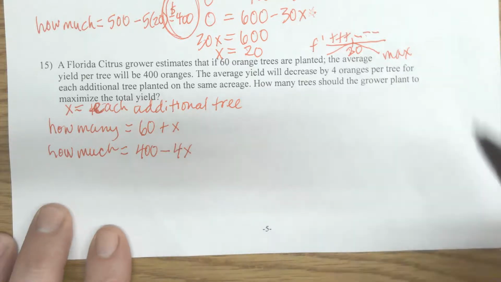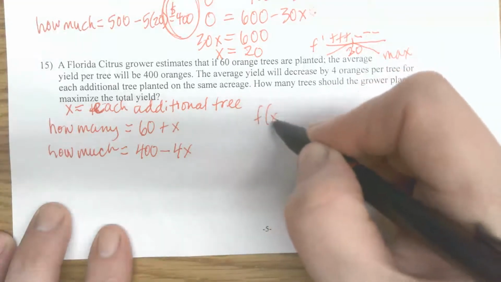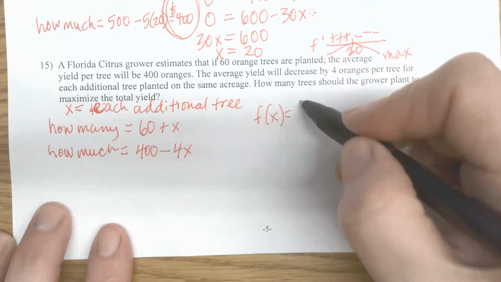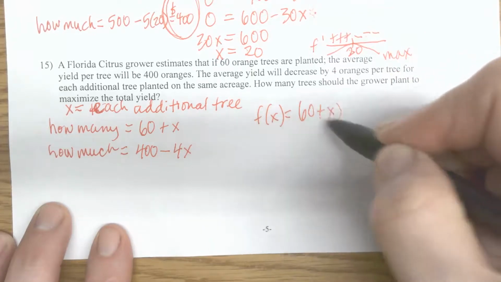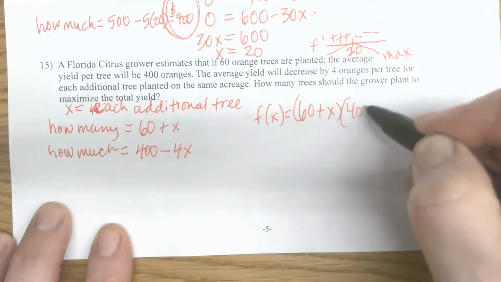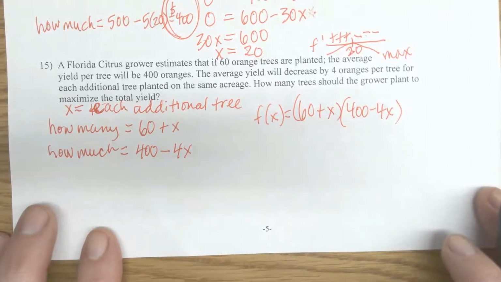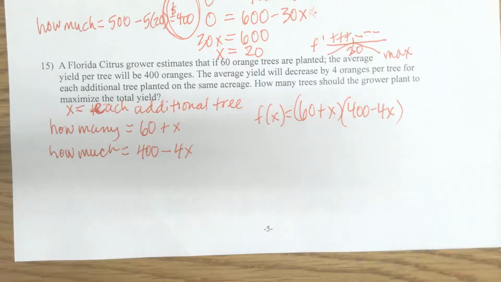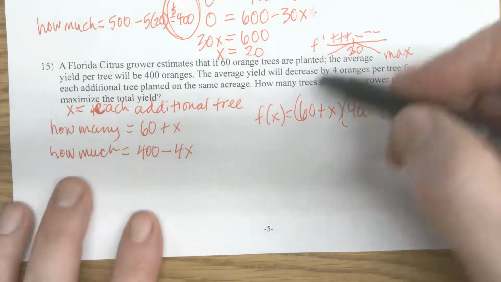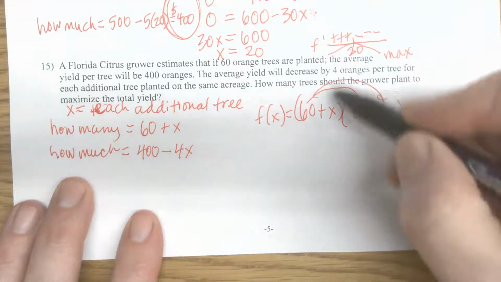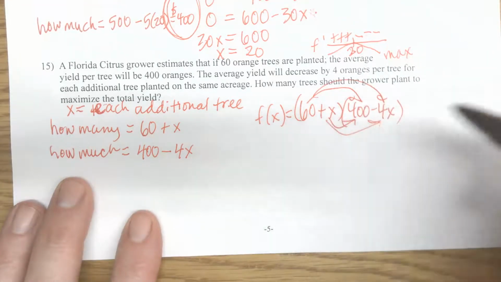Okay. So my function is how many, how much. This one I won't do the product rule on. Instead, I will FOIL this out and then do my derivative after.